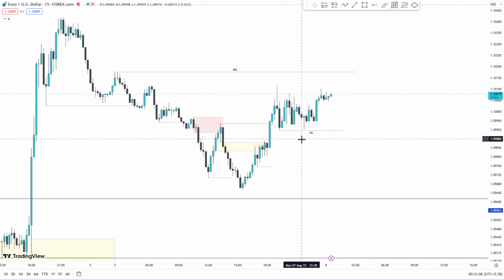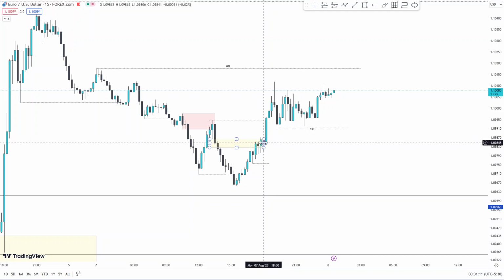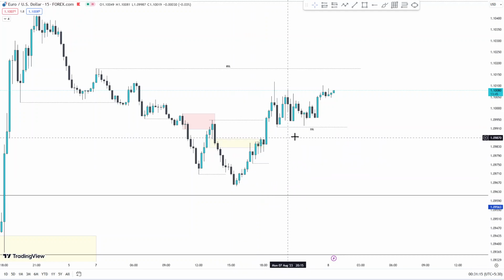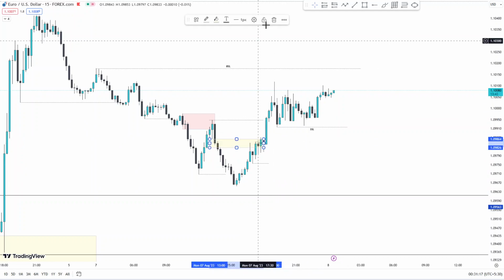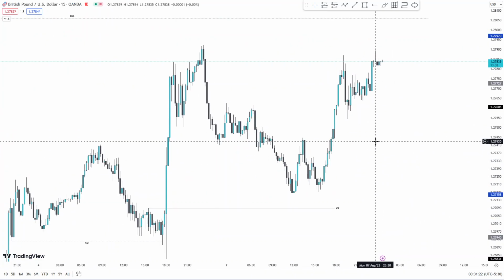But I wouldn't take any shorts here because I already paid the price today by looking for shorts here, and I wouldn't make that mistake again. So yes, that's it for Euro. Let's move on to GBPUSD.